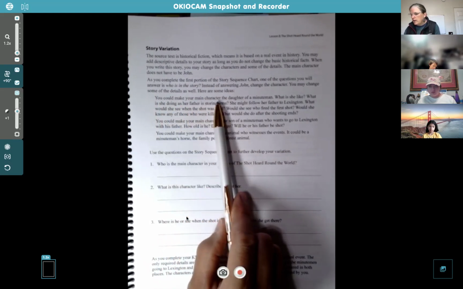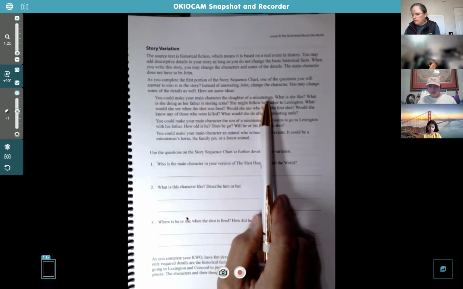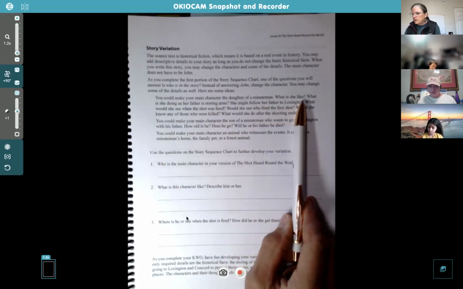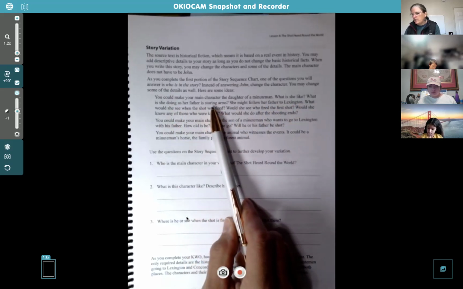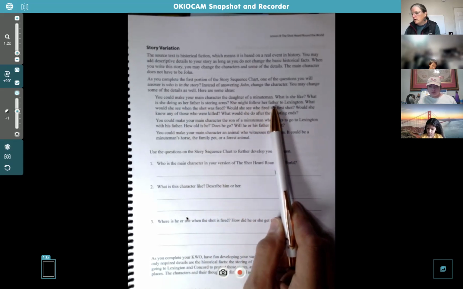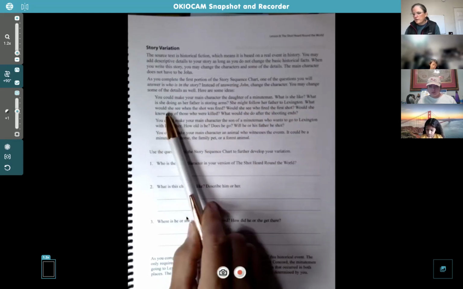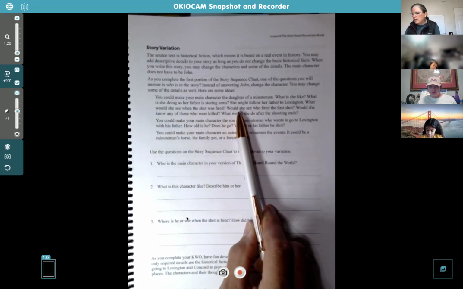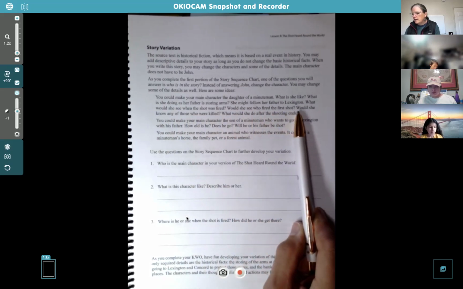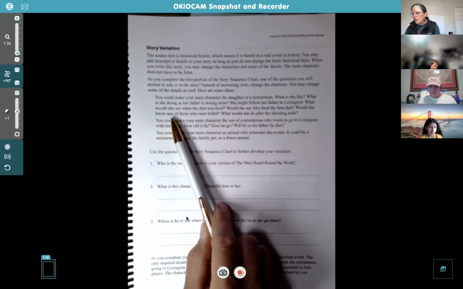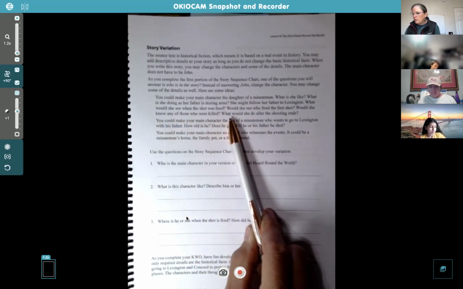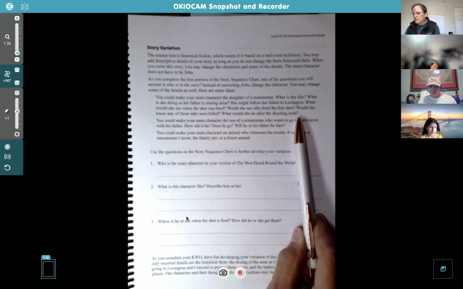You can make your main character the daughter of a Minuteman. What is she like? What is she doing as her father is storing arms? She might follow her father to Lexington. What would she see when the shot was fired? Would she see who fired the first shot? Would she know any of those who were killed? What would she do after the shooting ends?